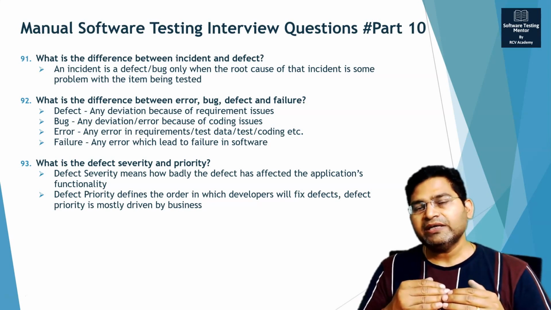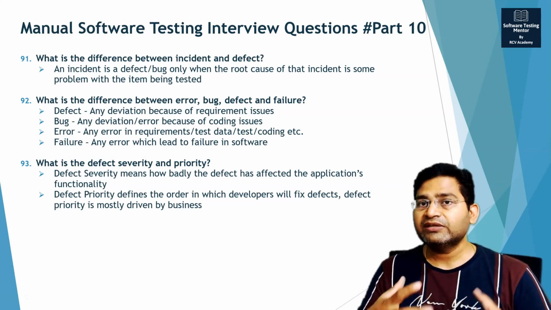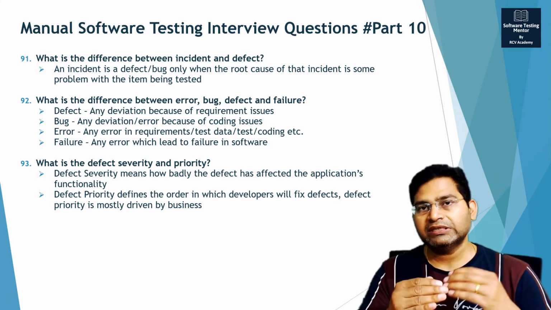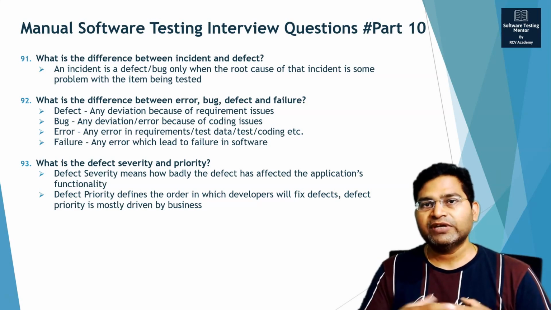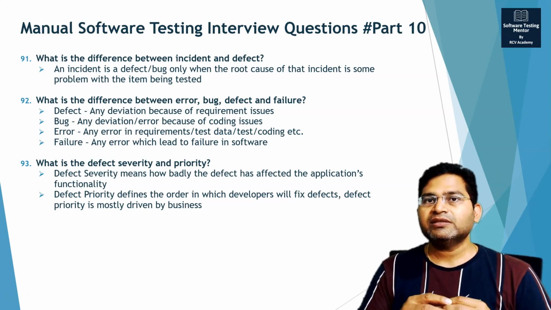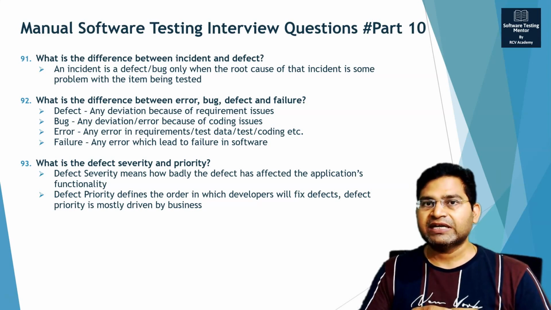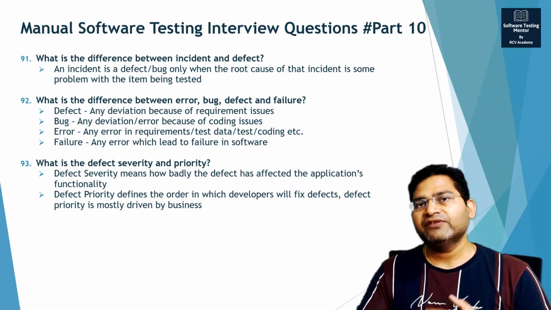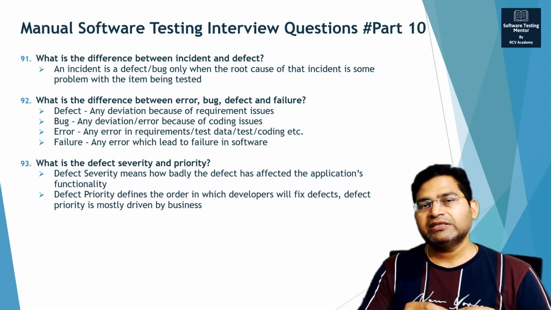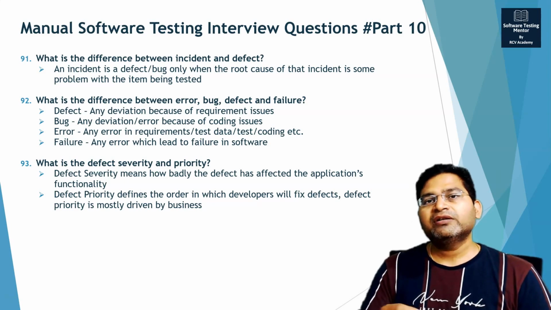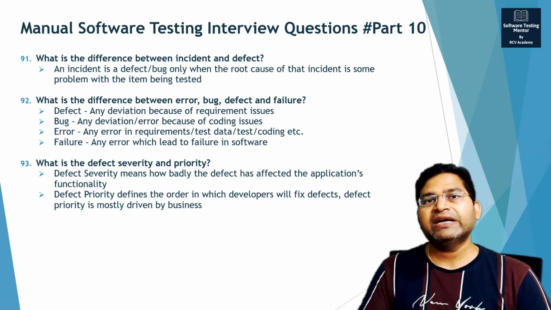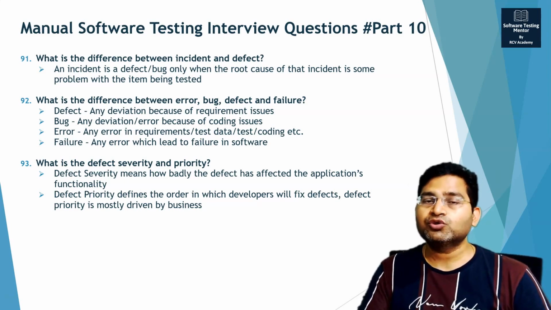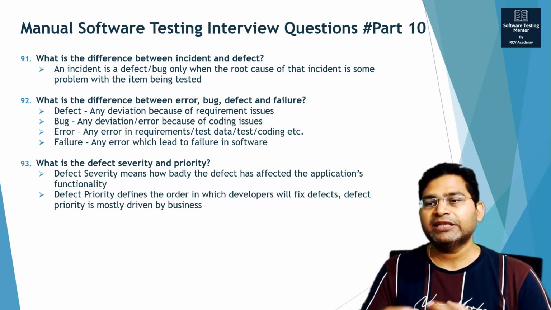Now how does severity get defined? In this cart example, it is highly severe. If I say low severity, it is any defect which impacts the application functionality, but there is a workaround. For example, a customer is trying to register, but with a Google account they are not able to register, while with all other social media accounts and with email they are able to register.